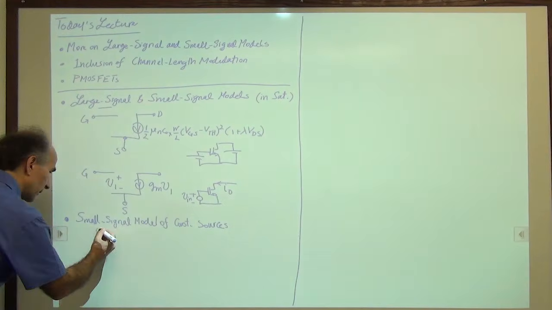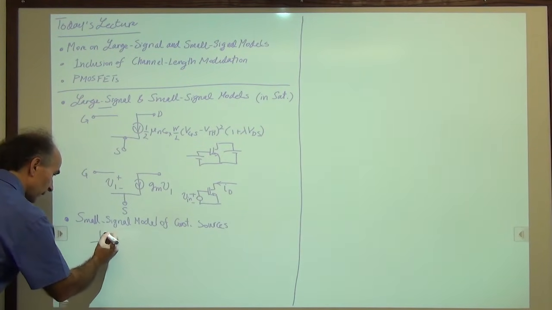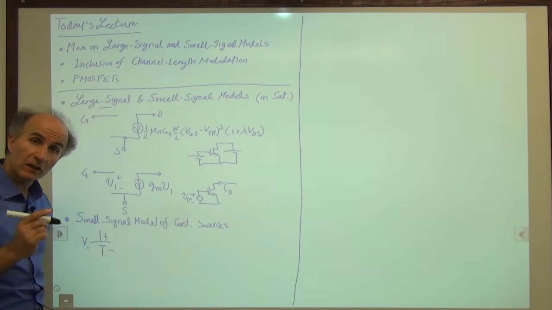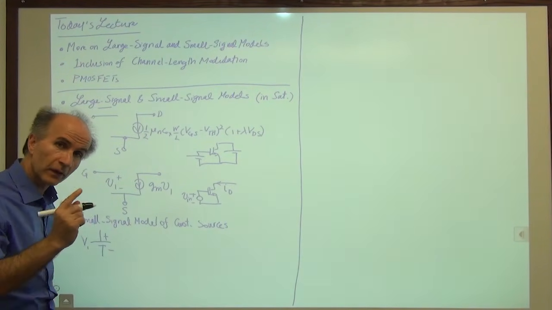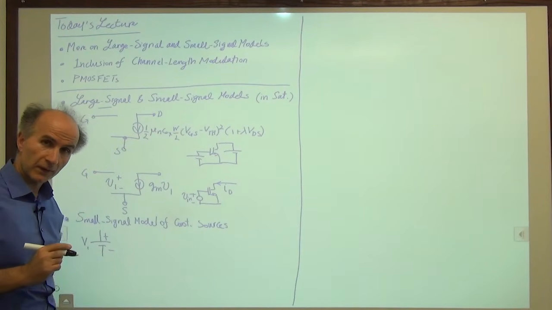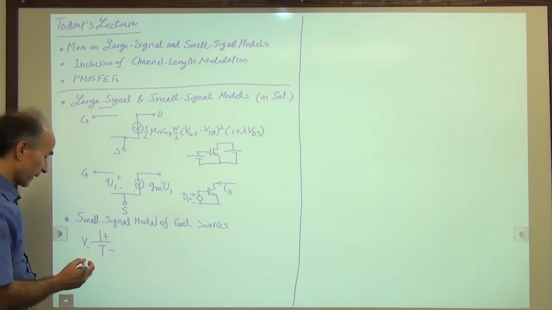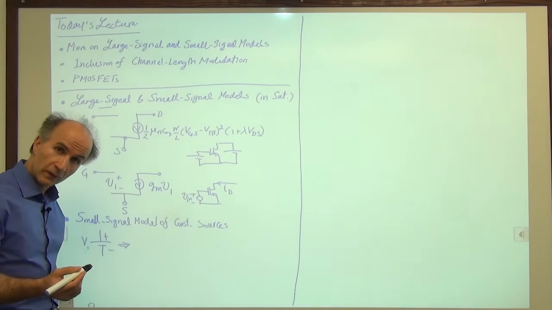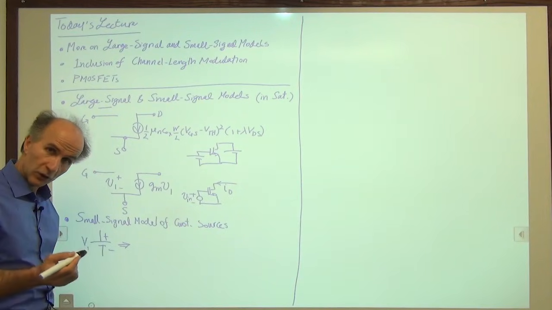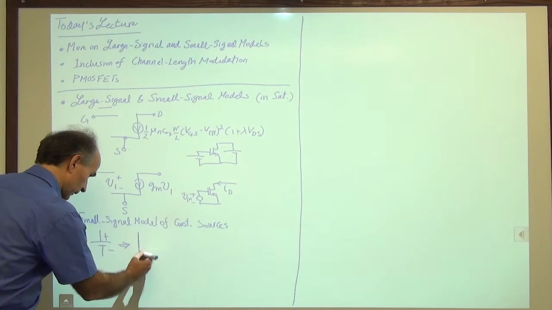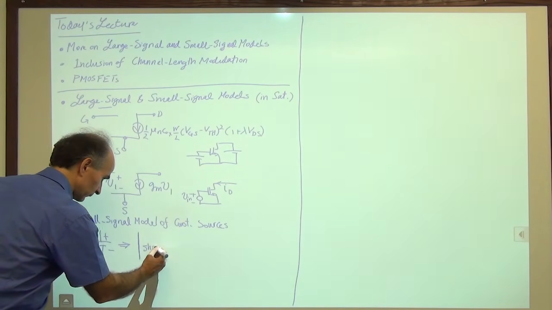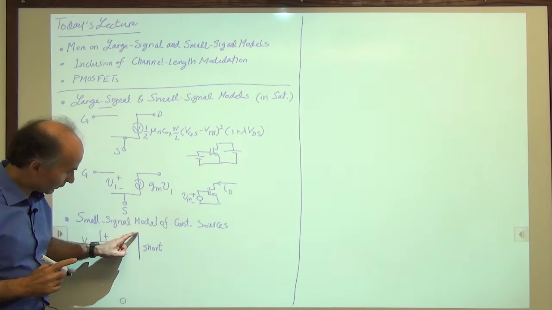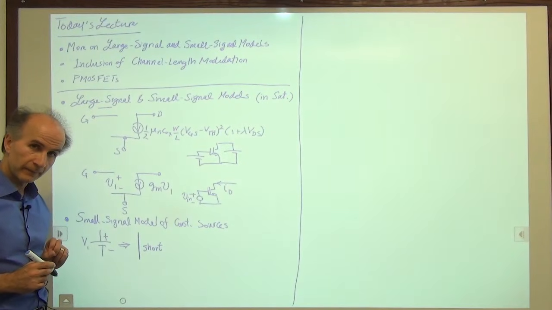So if we have a battery with some voltage V1, but it's constant with time, it becomes a 0 voltage source in the small signal model. What does that mean? We know that a 0 voltage source is equivalent to a wire, a short circuit. Only a short circuit can guarantee that the voltage difference from here to here is 0.